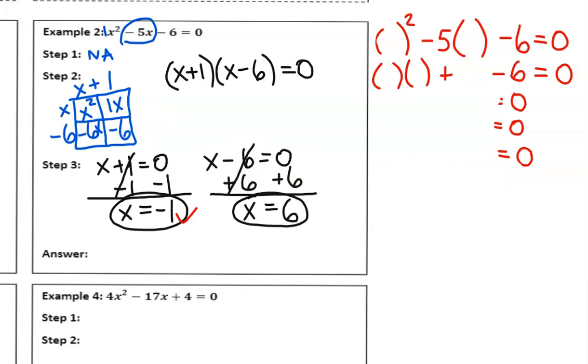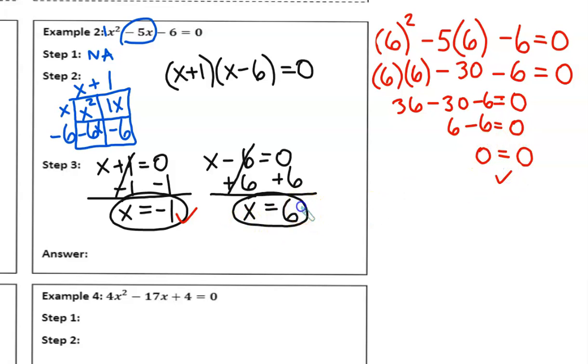So plugging in a 6 and a 6. So 6 squared is 6 times 6, which is 36. Negative 5 times a 6 is going to change the sign and make it a negative 30. So I got 36 minus 30 minus 6, and we hope and pray it's 0. So 36 minus 30 is 6. Check it out, 6 minus 6 is 0. So it works.